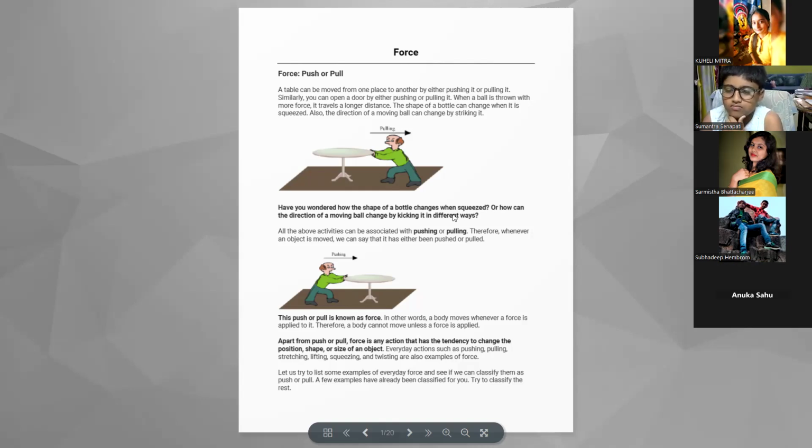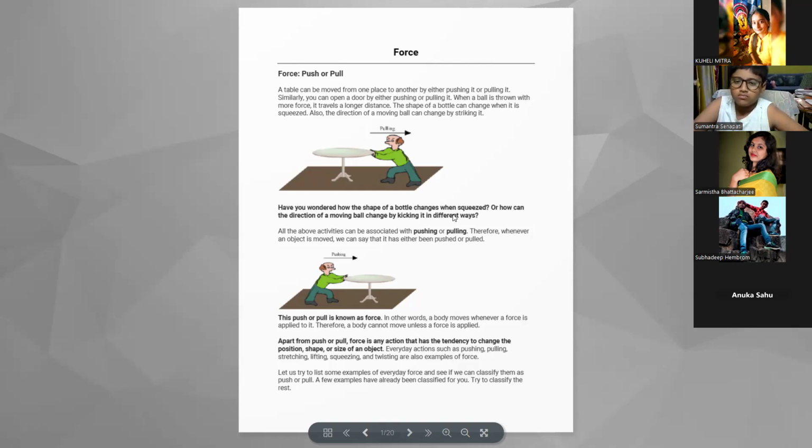What I need to say is that the forces that we can apply are our mechanical force, right? That we can increase or decrease depending on our body strength. Yes or no? Yes, miss. But this electrostatic force, this gravitational force, and this magnetic force, do these forces lie in our hand? No, miss.